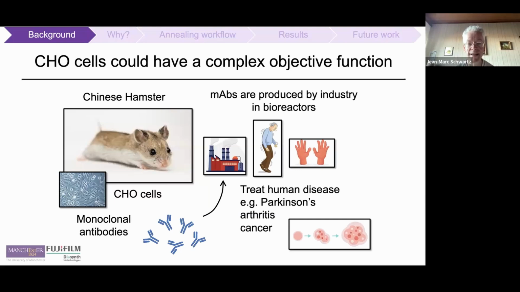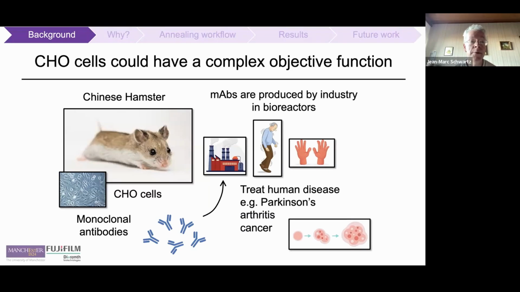So the idea is, can we use metabolic modeling and genome-scale metabolic models in order to find ways to optimize the culture process or propose some modifications that can help improve the production of monoclonal antibodies?